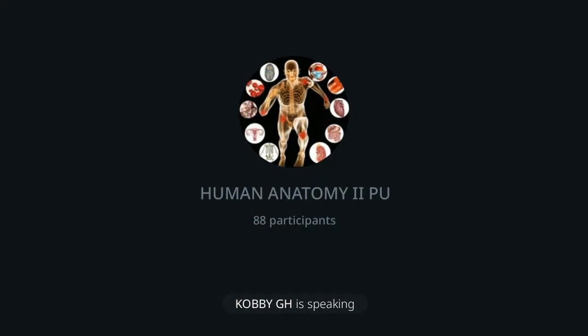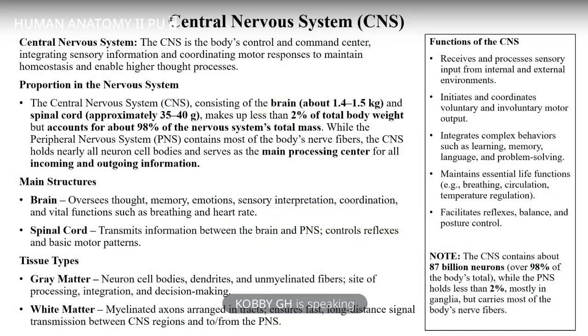When the axons in the central nervous system come together, they form the white matter. Most of the axons in the CNS are myelinated, and myelin is made up of fat, which is whitish in color. That's why we call it white matter.